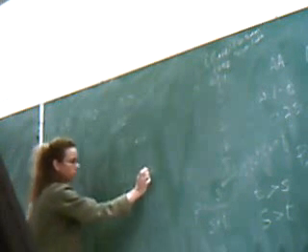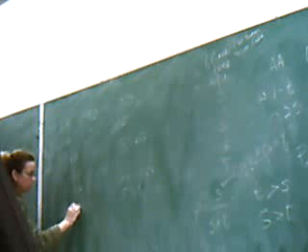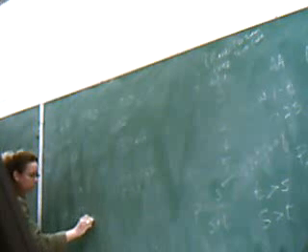Oh, yes, you're right. And now I apply the formula. 0.33 over 0.53. What do I get for that? 0.6 something.